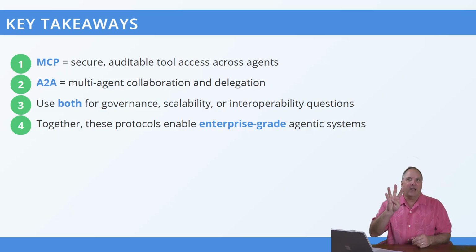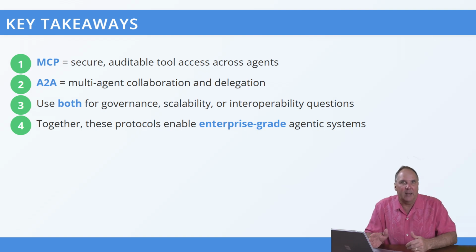Here are 4 takeaways for this module. 1, MCP equals secure, auditable tool access across agents. It's the standard for how agents call external services. 2, A2A equals multi-agent collaboration and delegation.